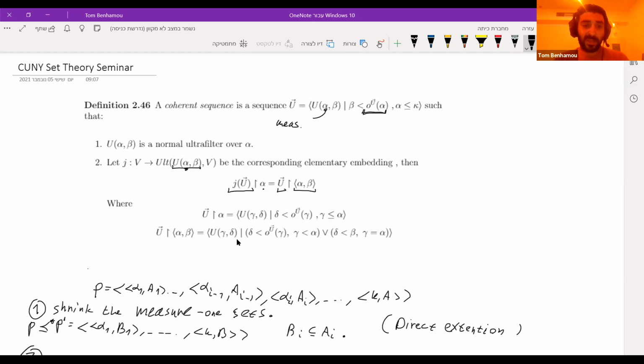What does it mean to take a coherent sequence and restrict it to an ordinal? It means simply take all the measures up to this ordinal alpha, including alpha itself.